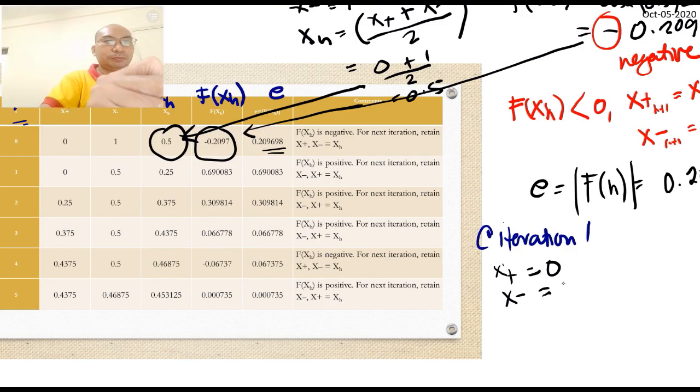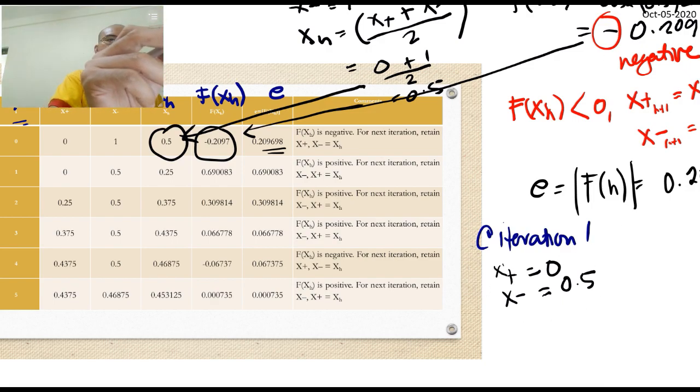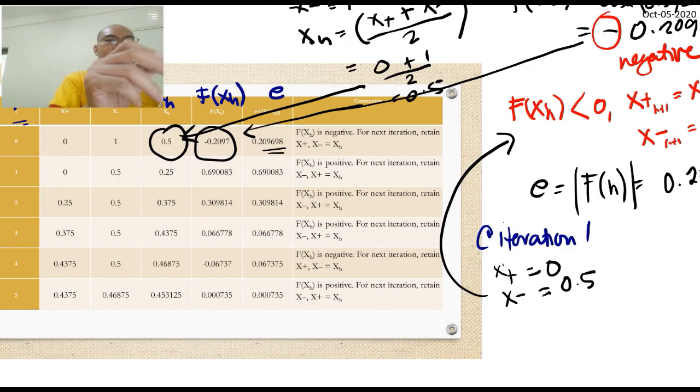It is 0.5. So again, these values were derived due to the sign of our previous solution. So x plus will be equal to 0 and x minus will be equal to 0.5 because of that condition.